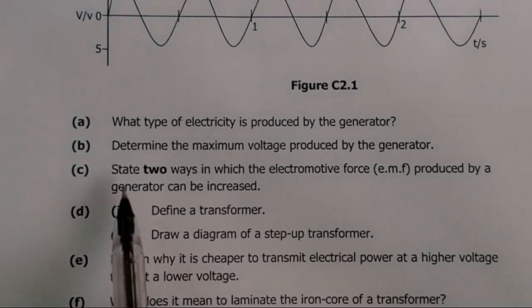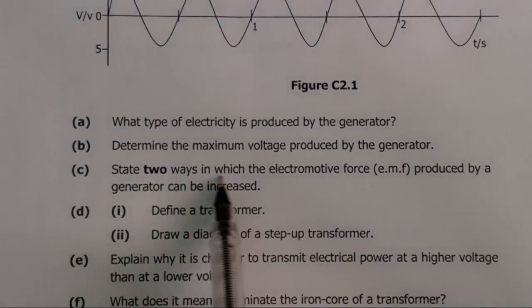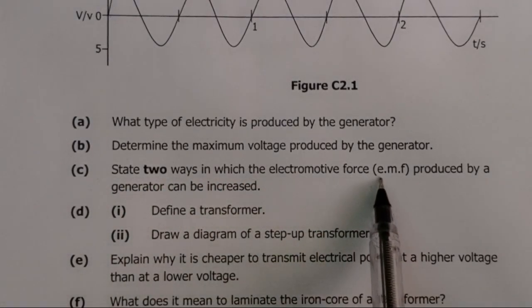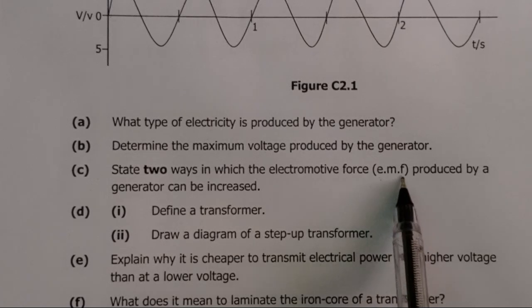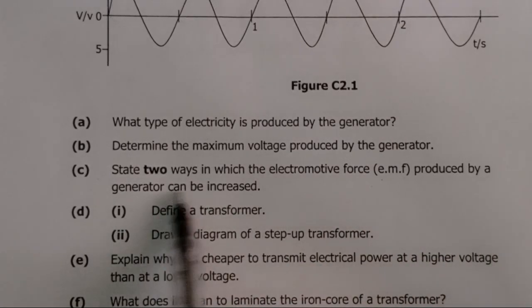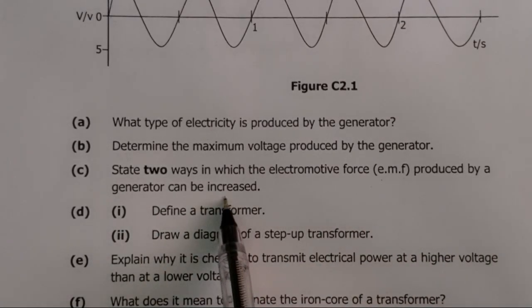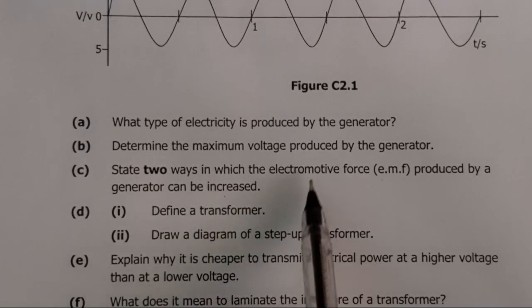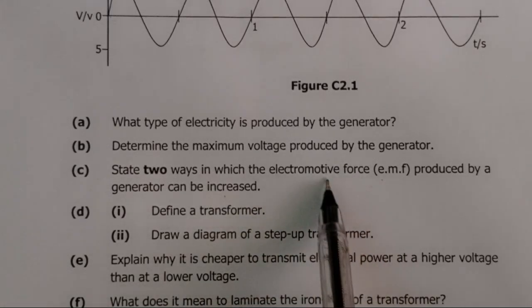Part C, state two ways in which the electromotive force, EMF, produced by the generator can be increased. So how do we increase the electromotive force, which is the voltage as well?